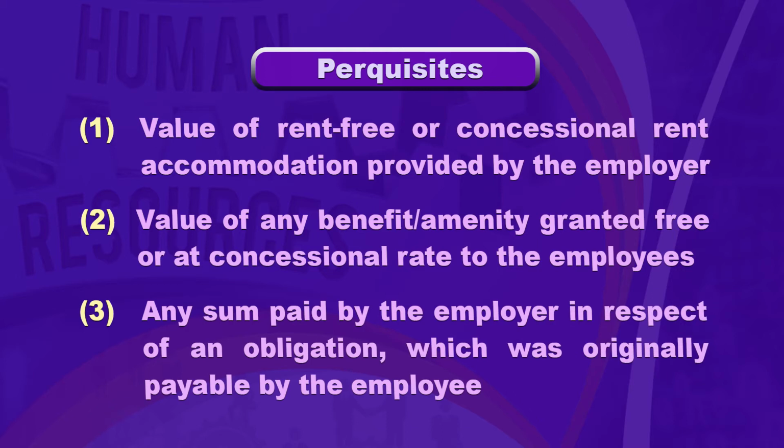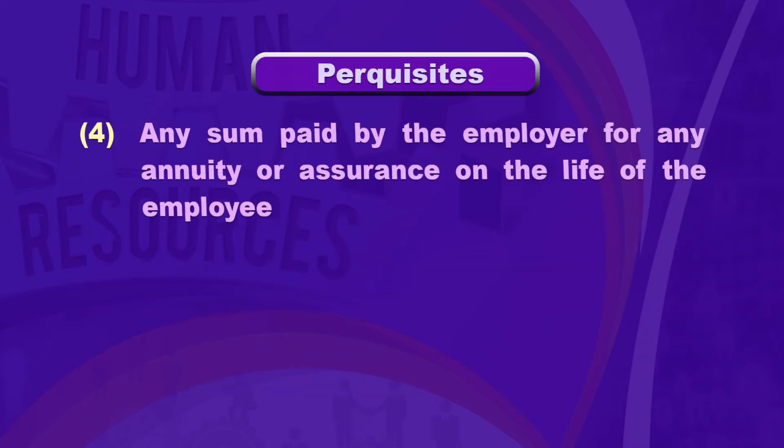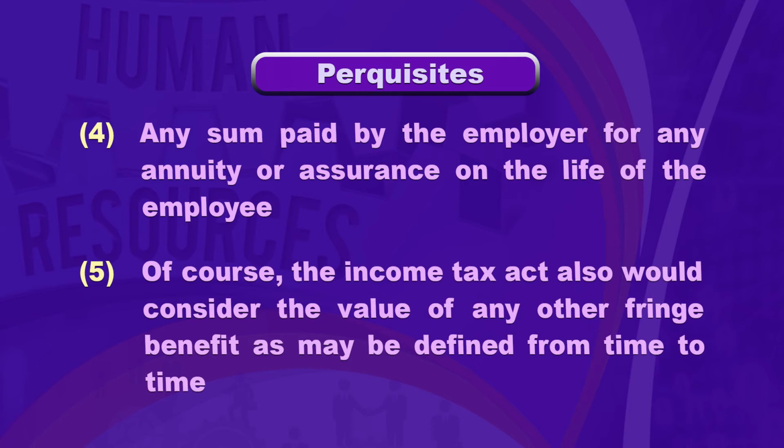Third is any sum paid by the employer in respect of an obligation which was originally payable by the employee. Fourth is any sum paid by the employer for any annuity or assurance on the life of the employee. Fifth, of course, is the Income Tax Act also would consider the value of any other fringe benefit as may be defined from time to time.